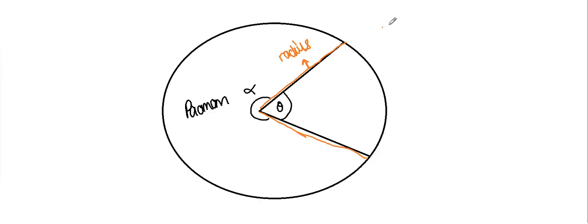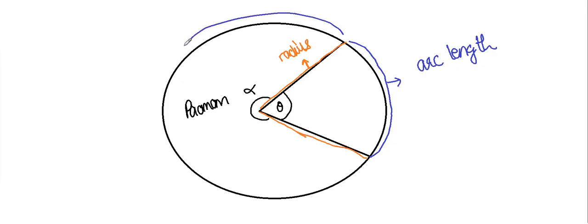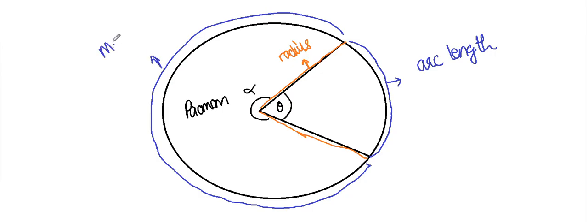This is the radius. This part is called the arc length. What is it called? Arc length. Okay, this part is called the arc length, and just like that, this region is also the arc length. We can call this major arc length.